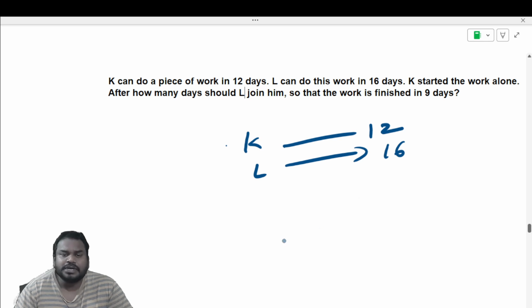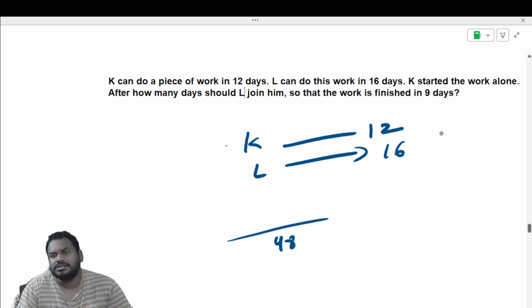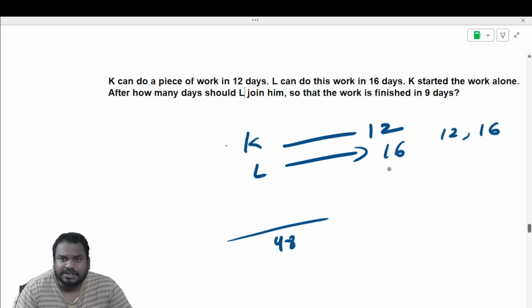Okay, so take the LCM. 16 3s are 48, 12 4s are 48. So 48 is their LCM. Or else you can do it like this also. I'll give you one hint: multiply the largest number.